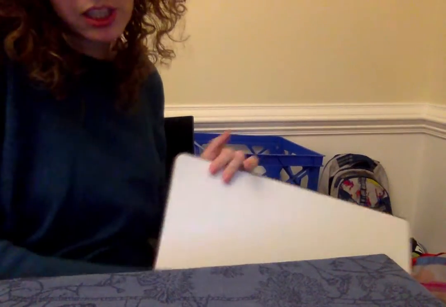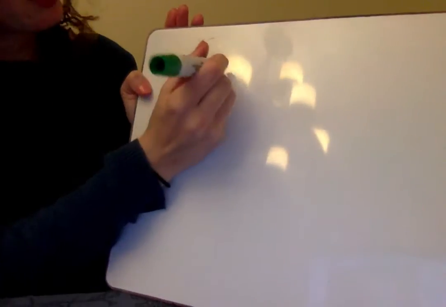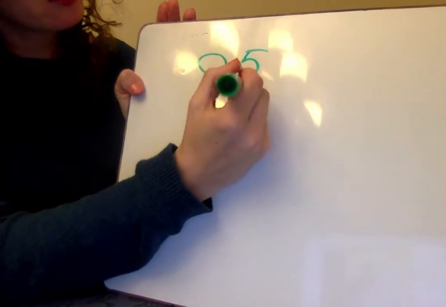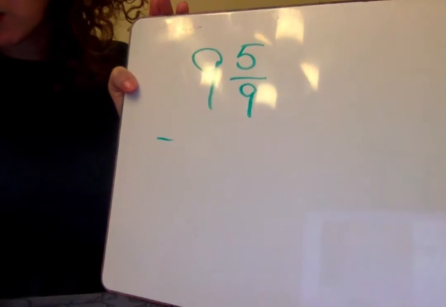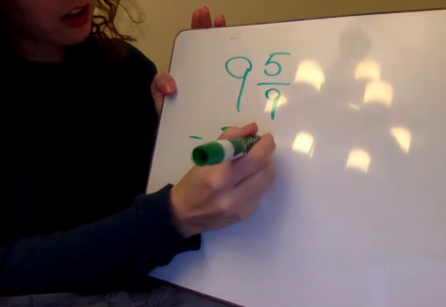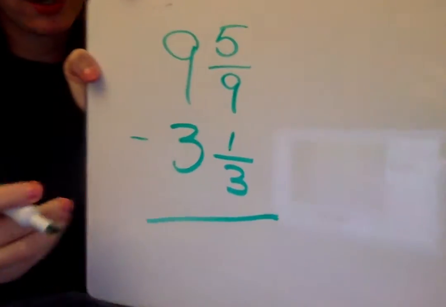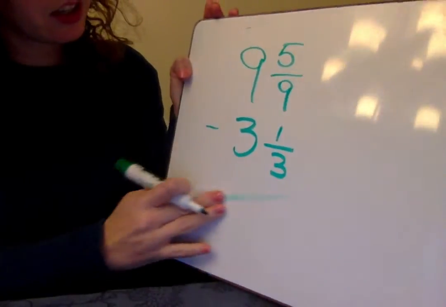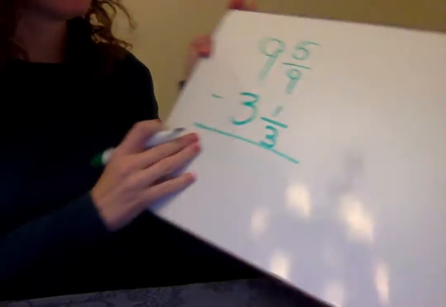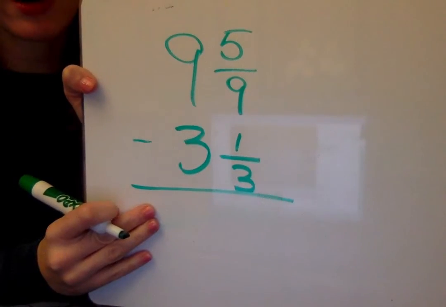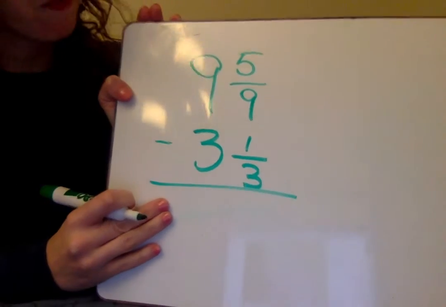Now we're going to do B. I think this will be pretty easy for you. B, that fraction is 9 and 5/9 minus 3 and 1/3. Okay, let me fix that line there. 9 and 5/9 minus 3 and 1/3.